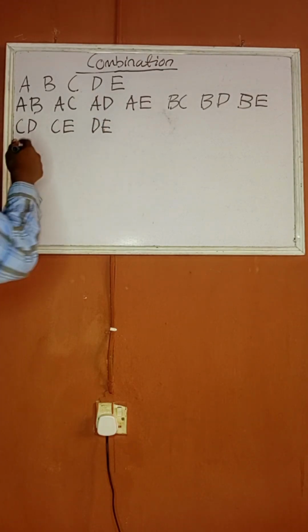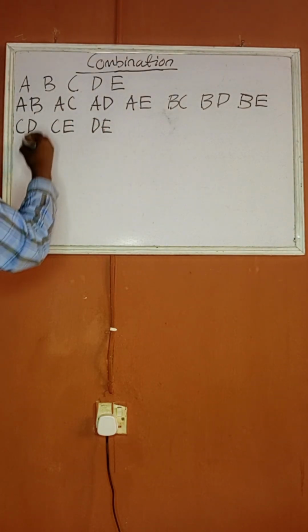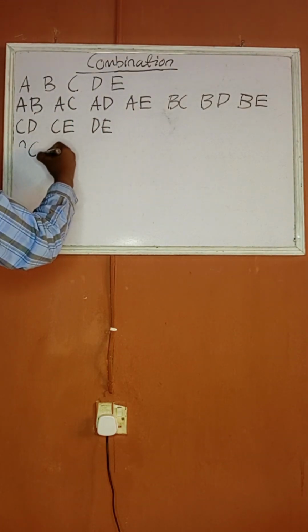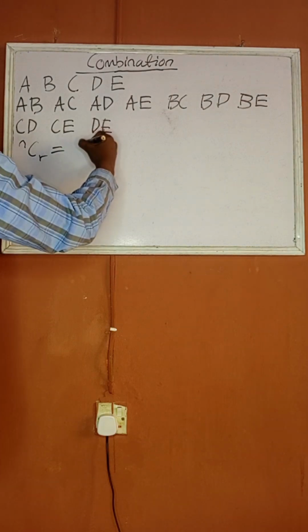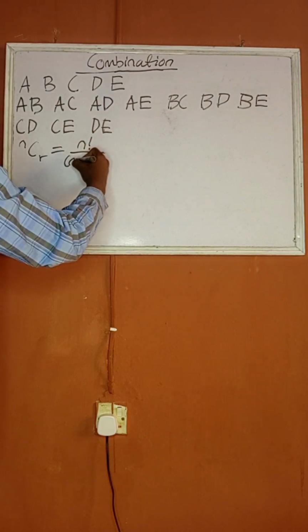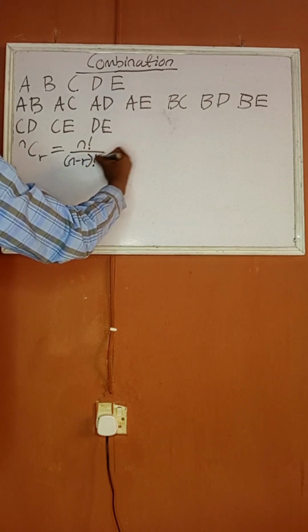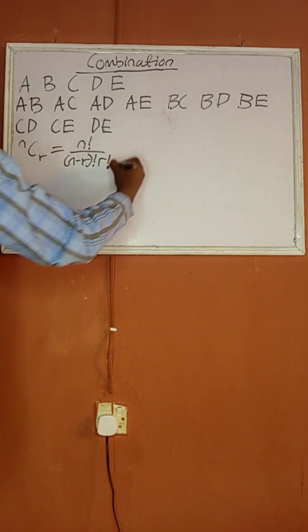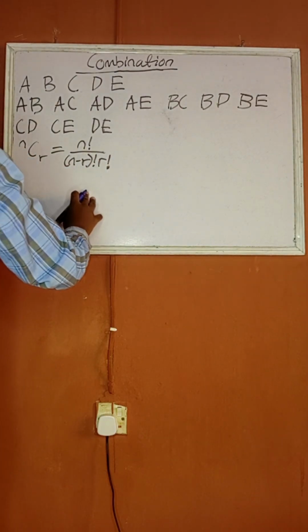And here is the formula for combination. That's nCr is equal to factorial n over factorial n minus r, factorial r. So let's start with an example.